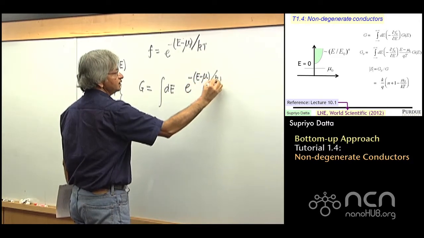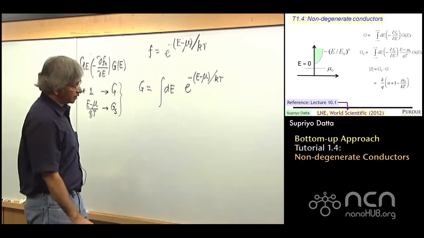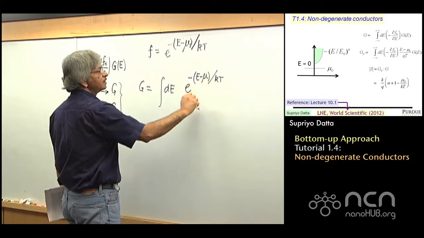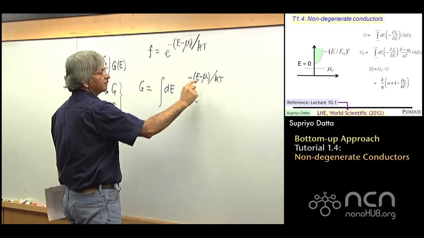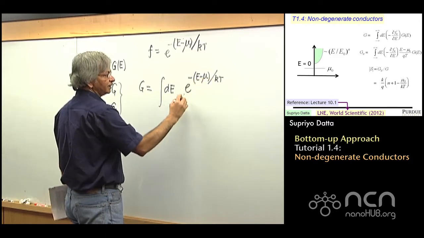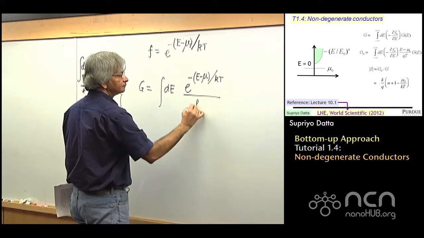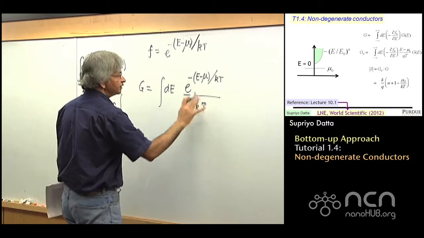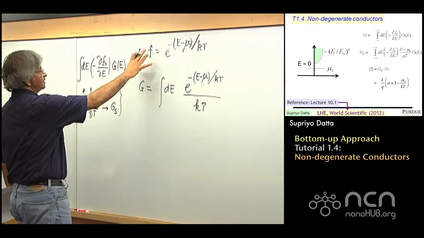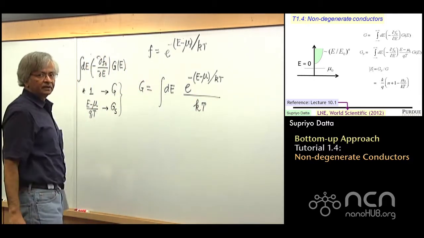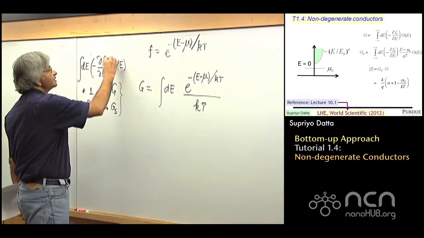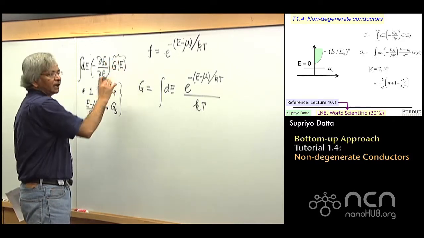As you know, it's very easy to take the derivative of an exponential. It's just this, and then you have to multiply by whatever is multiplying the energy. So that's this 1 over kT. So this is minus dF dE, that quantity. Now we need some approximation for this conductance.